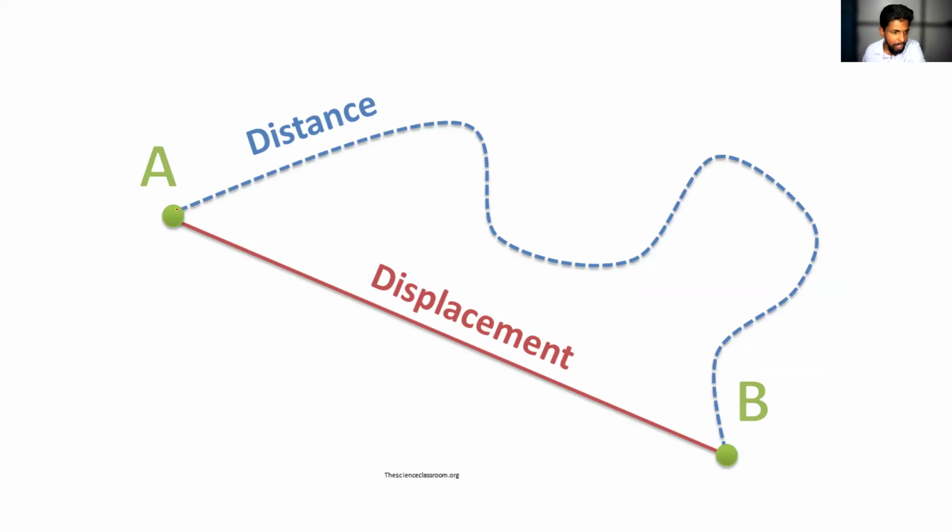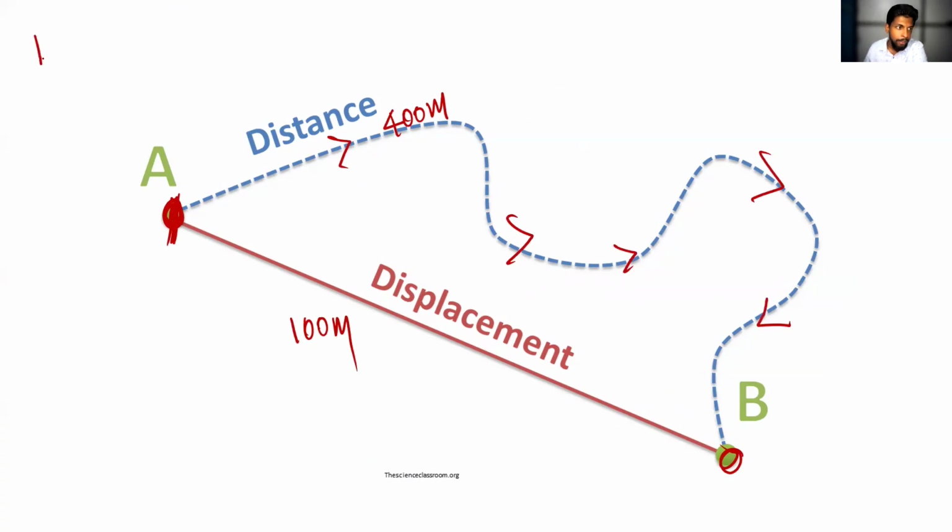An object is moving from A to B. We'll take this one as 400 meters, and this one as 100 meters. He took 10 seconds to move from A to B. You know the equation for the velocity and the speed. Can you calculate the velocity and the speed and put it into the chat box?